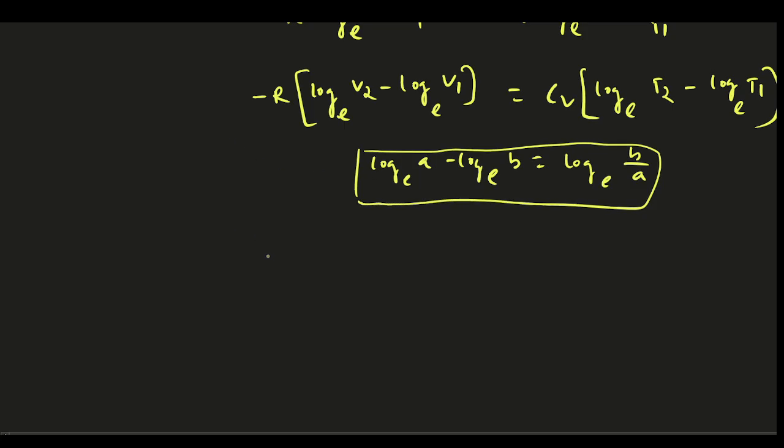So I will use it here: minus R log e V2 by V1, and this will be equal to log e T2 by T1, and here Cv is there.